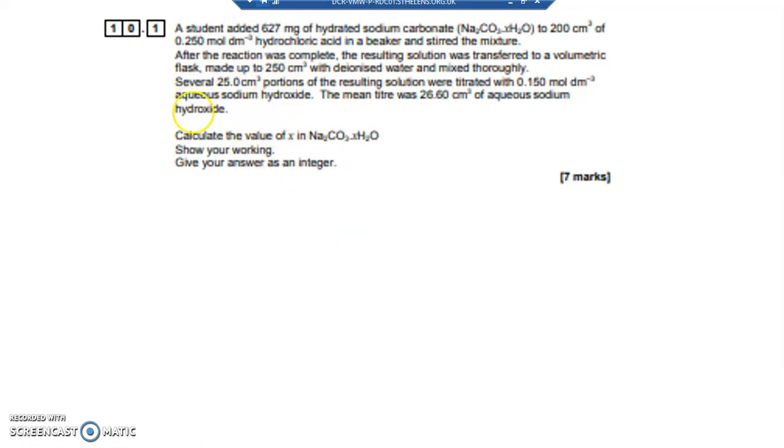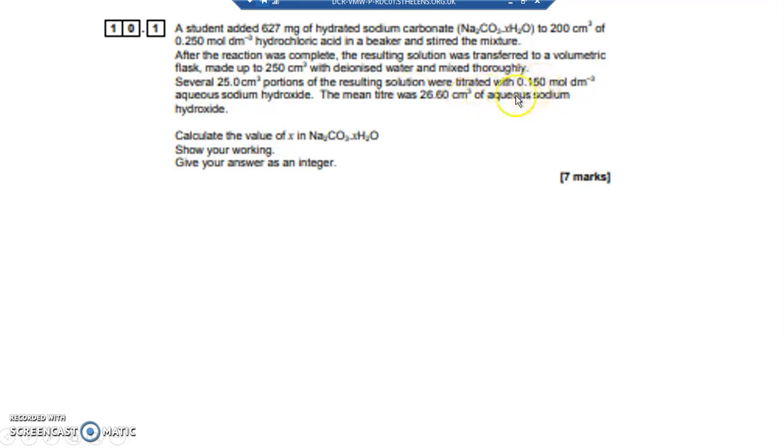I do the same now for the sodium hydroxide, just simply because I have to. I've been given 0.150, a concentration of sodium hydroxide, and a mean titration volume for the sodium hydroxide. Concentration 0.15, volume 26.6, divide by 1000 to get it into decimetre cubed, 0.0266.